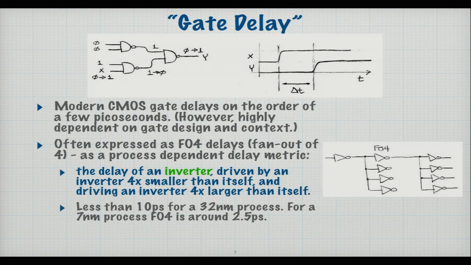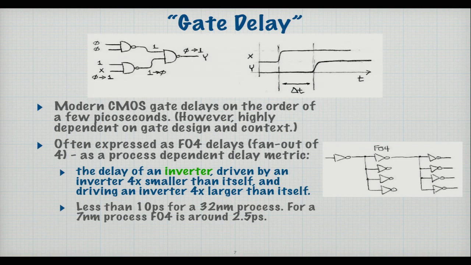I said already, modern CMOS gate delays are on the order of a few picoseconds. But it depends a lot on the design of the gate and the context, what it's connecting to. And we'll see that what it connects to has an influence on its delay. Often, to make it simpler to characterize a particular process technology, we'll talk about FO4 delays.